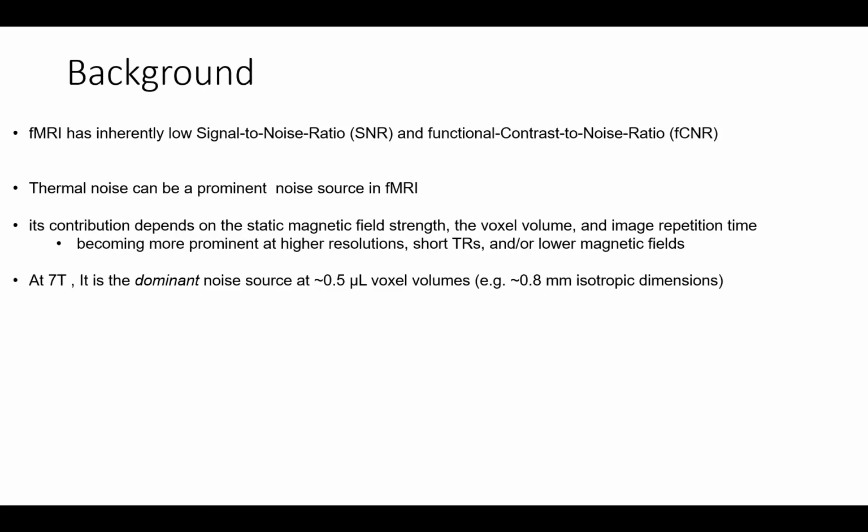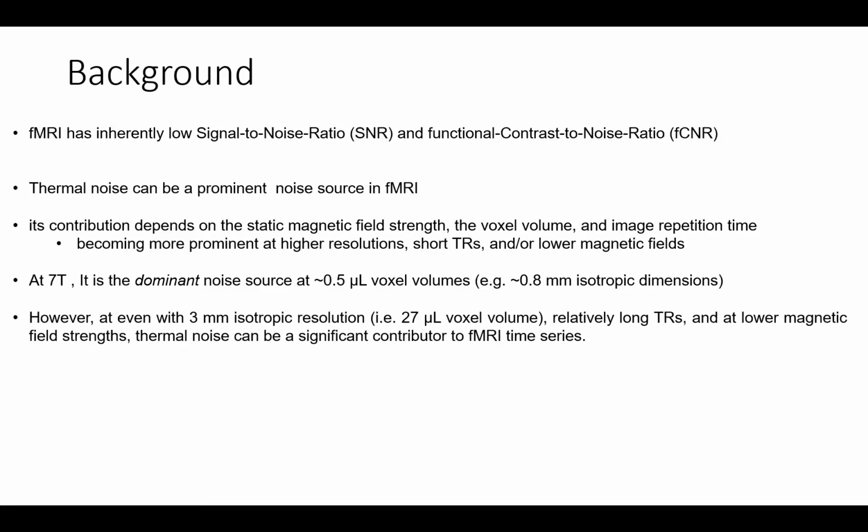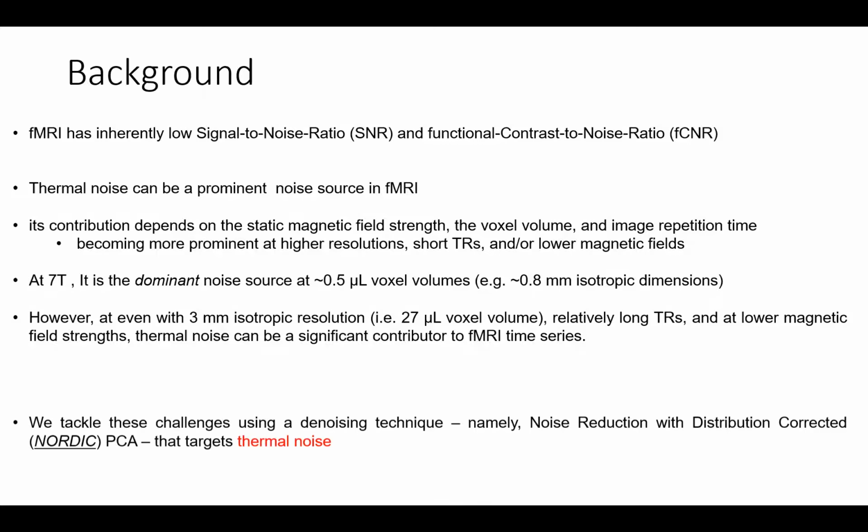At 7T, there are people that argue that it is the dominant source at 0.5 microliter voxel. Maybe we'll hear differently in the following talk, but that is like a 0.8 isotropic voxel, which is kind of our workhorse for sub-millimeter fMRI. However, even at 3 millimeters, lower field strengths and relatively long TRs, thermal noise can be detrimental for your data.